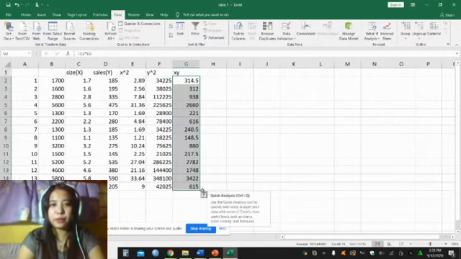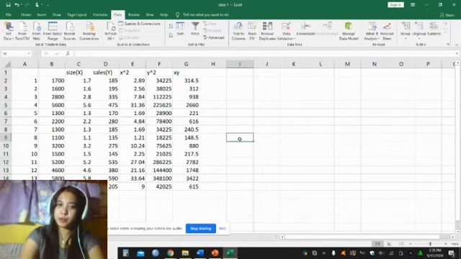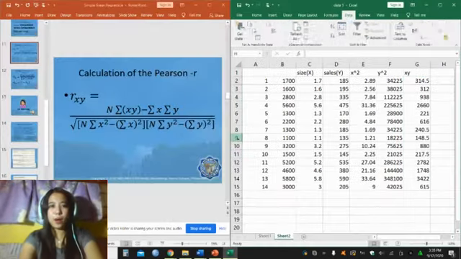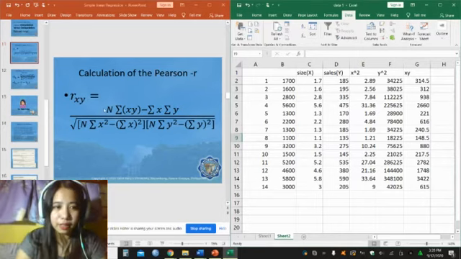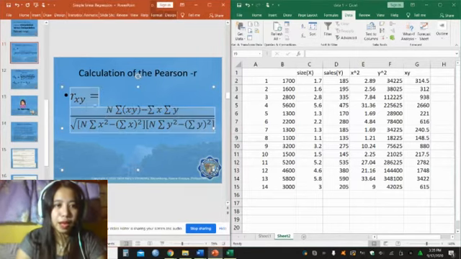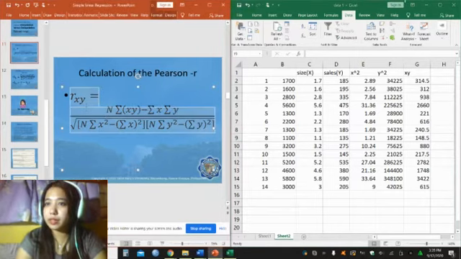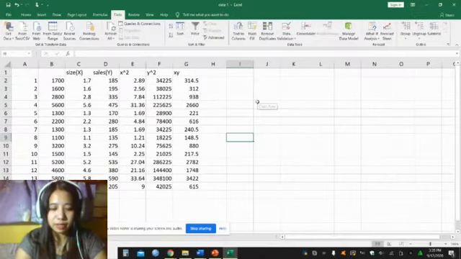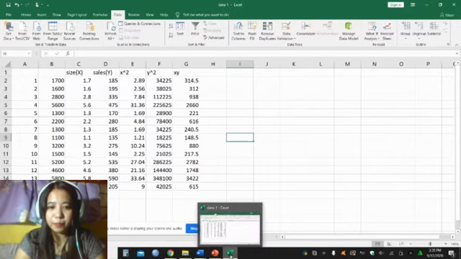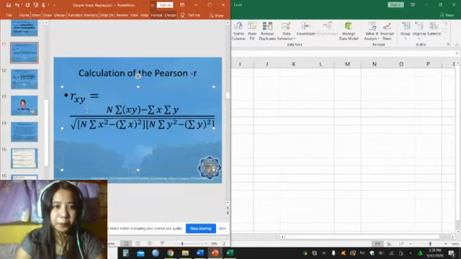So I think we already have our values of X squared, Y squared, and XY, and these are the values needed in our formula. So let's try to copy this so that we will be guided with the formula.